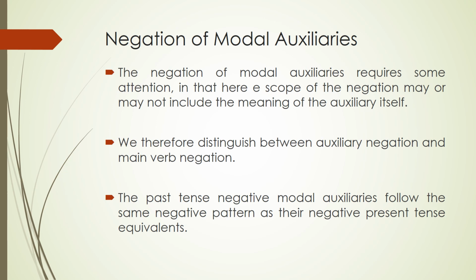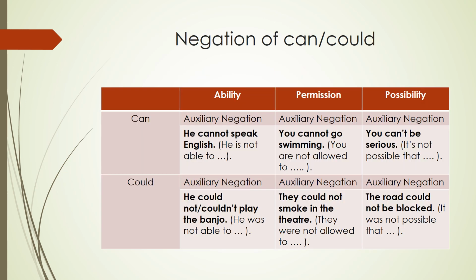Okay? So if we start with the first modal auxiliaries that we are going to deal with here, they are the modal auxiliaries can and could. Can is used in the present form, while could is the past form of can.